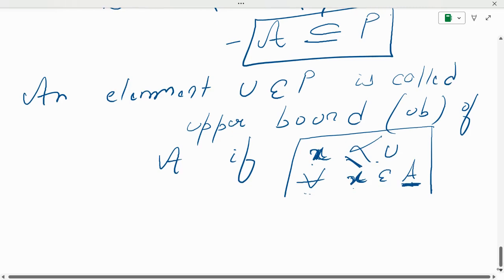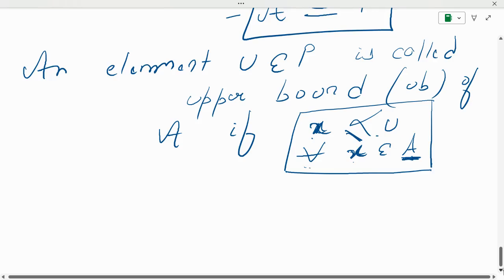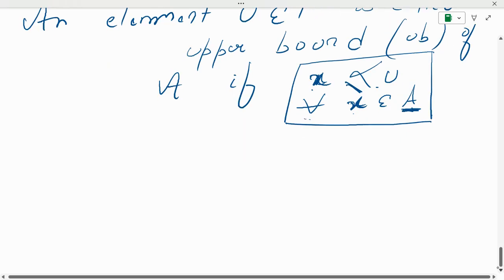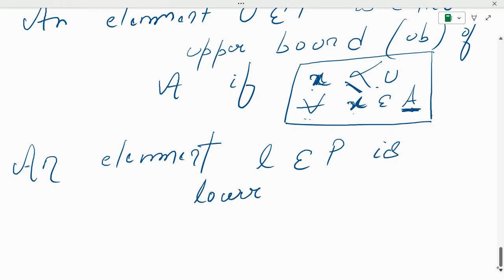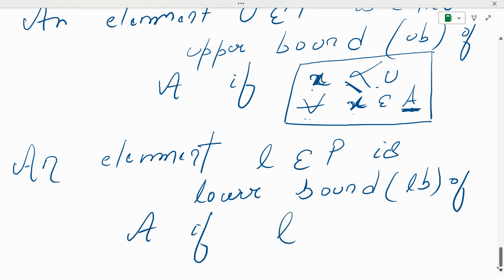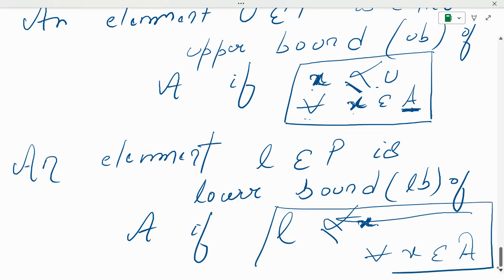And another part is the lower bound of A. An element L belonging to P is a lower bound, or LB, of A if L is covered by all the elements of A. This is important.